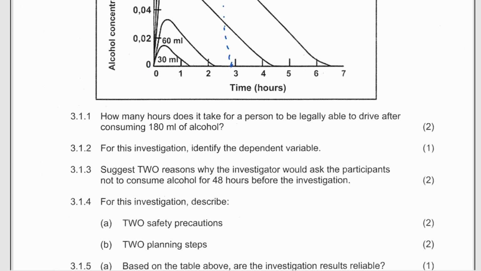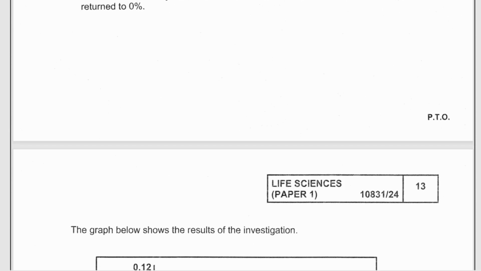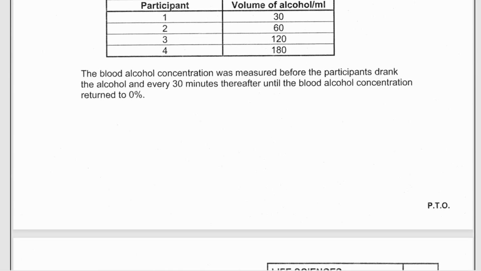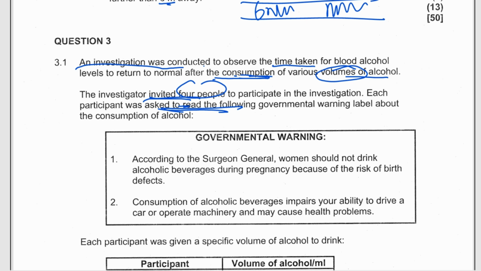For this investigation, identify the dependent variable. What is the dependent variable? We talked about it here. They say the investigation was conducted to observe the time taken for the blood alcohol level to return to normal after consuming various volumes of alcohol.